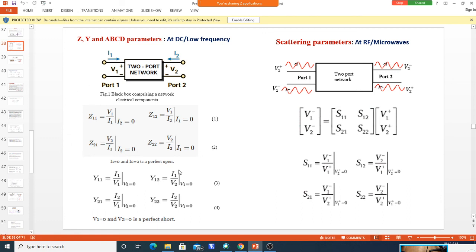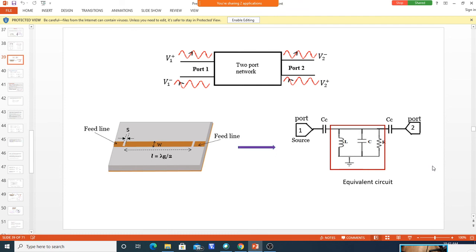Then why can we not use Z parameters, Y parameters and ABCD parameters at RF and microwave frequency range?